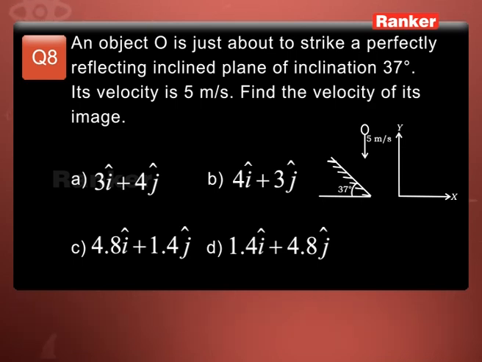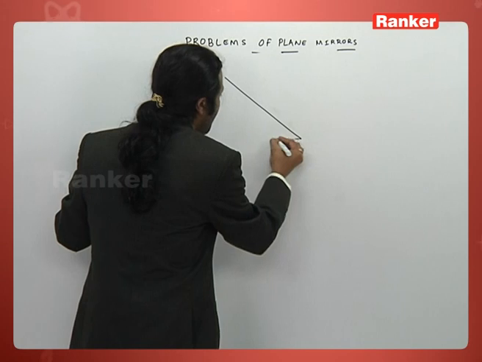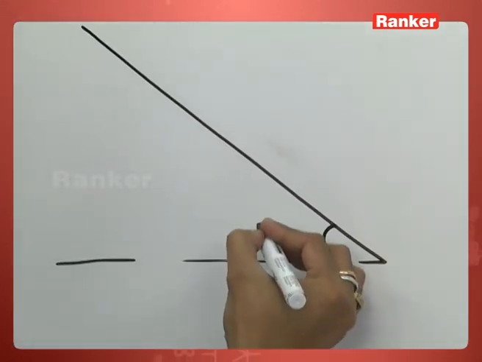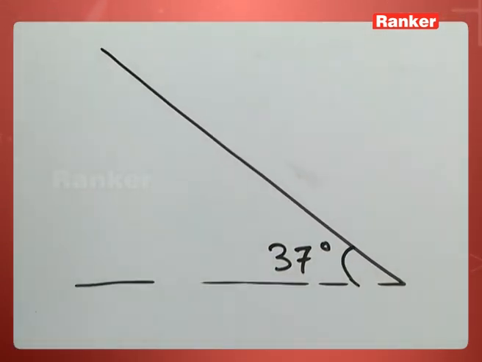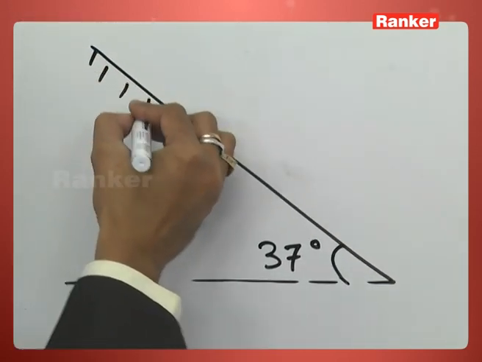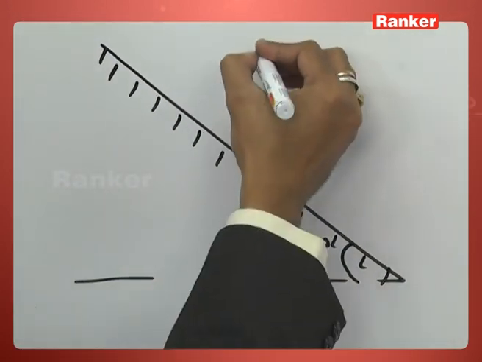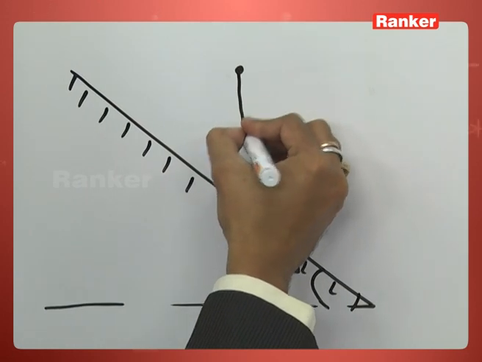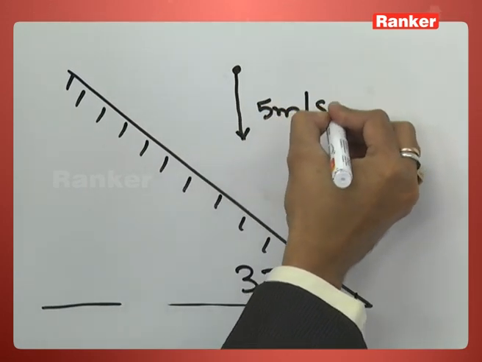That means this is the mirror which is inclined at an angle of 37 degree. This is an object which is moving with a speed of 5 meter per second.